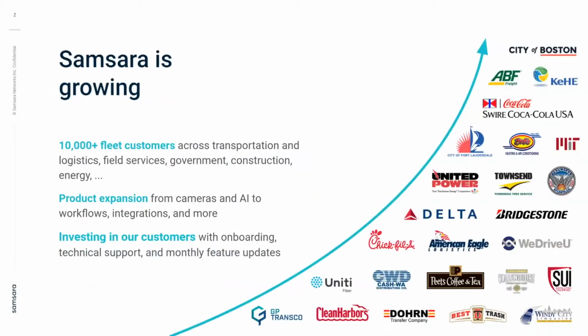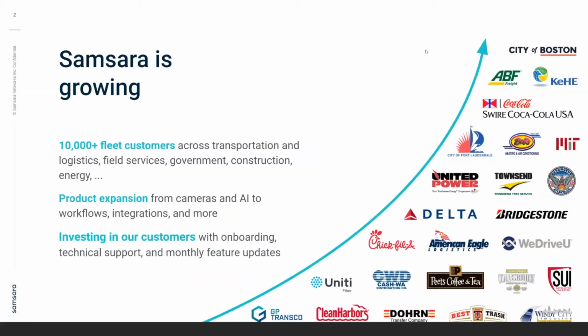We're still growing in spite of all this. We've got over 10,000 fleet customers now, and you can actually see there on the right, it's across a wide variety of segments, whether it's ArcBest Freight over in transportation, or the city of Boston, state and local government. We've got Chick-fil-A and Swire Coca-Cola in food and beverage. Really, you name a vertical or a company, and we're probably talking to them, or we're in that vertical.